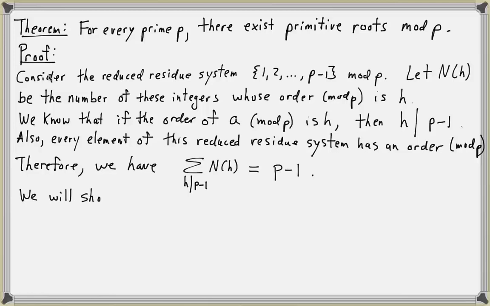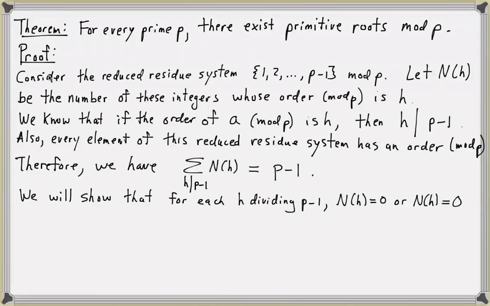So we will show that for each h dividing p minus 1, capital N of h equals 0 or capital N of h equals phi of h, the Euler phi function of h.